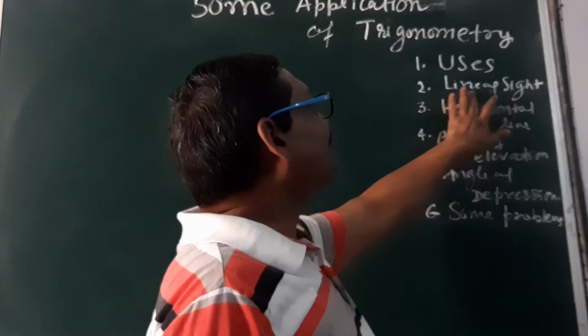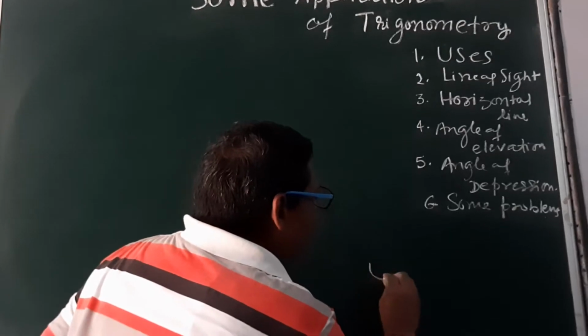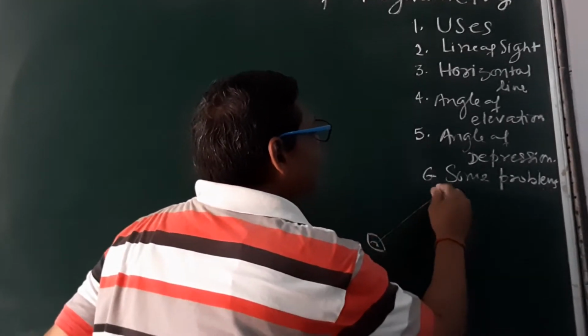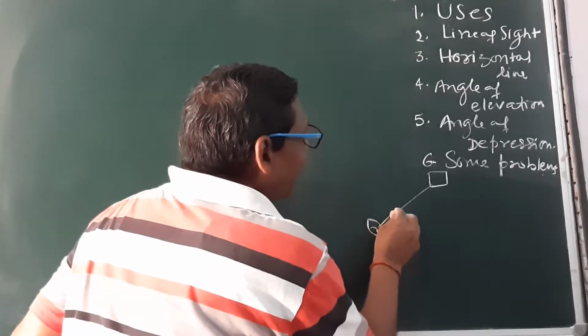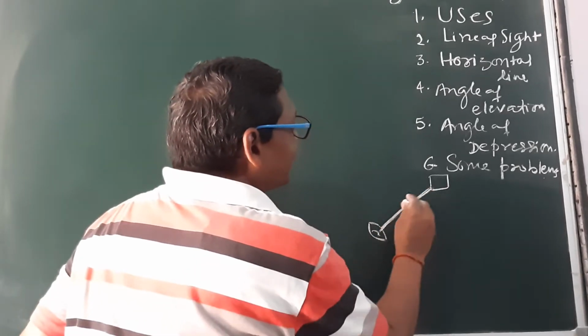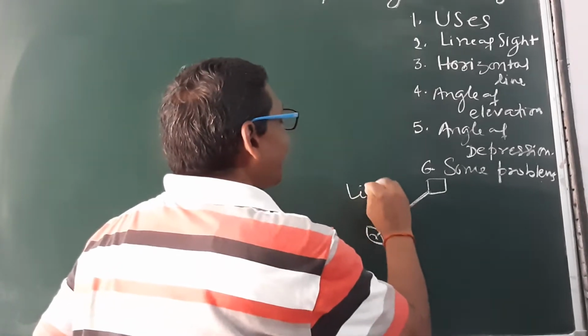And now, the line of sight. Suppose you are an observer observing an object. A line, a ray, joins the eye to the object. This ray, this line, is called the line of sight.